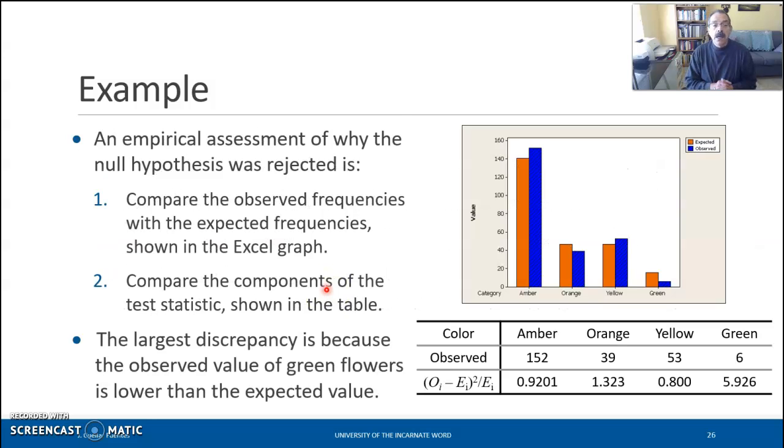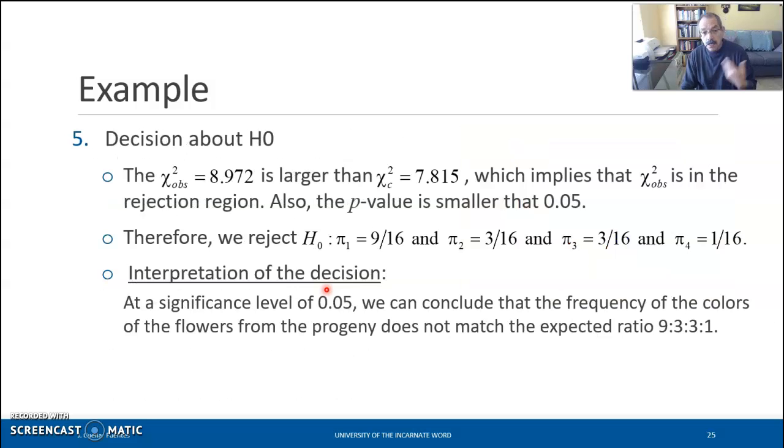All right, so often with these problems, when you're doing a goodness of fit test, you are left with the lingering question: which category is not matching the expected ratio?